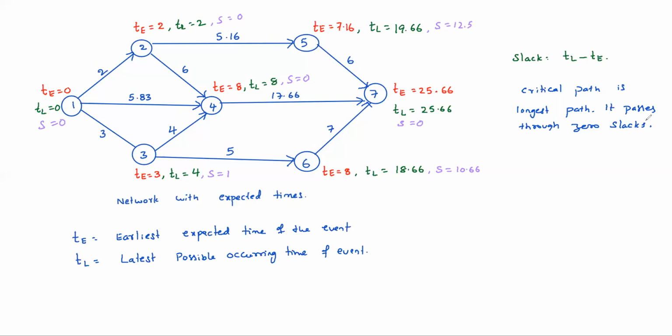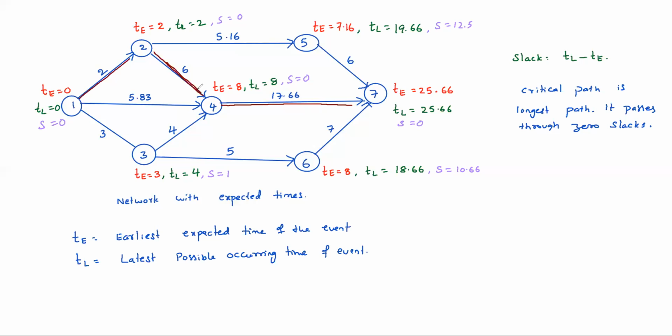By visual observation itself you can tell what the critical path is. This is the critical path, it comes like this, then goes like this. Critical path: 2 plus 6 is 8, 8 plus 17.66 is 25.66. That's the critical path.